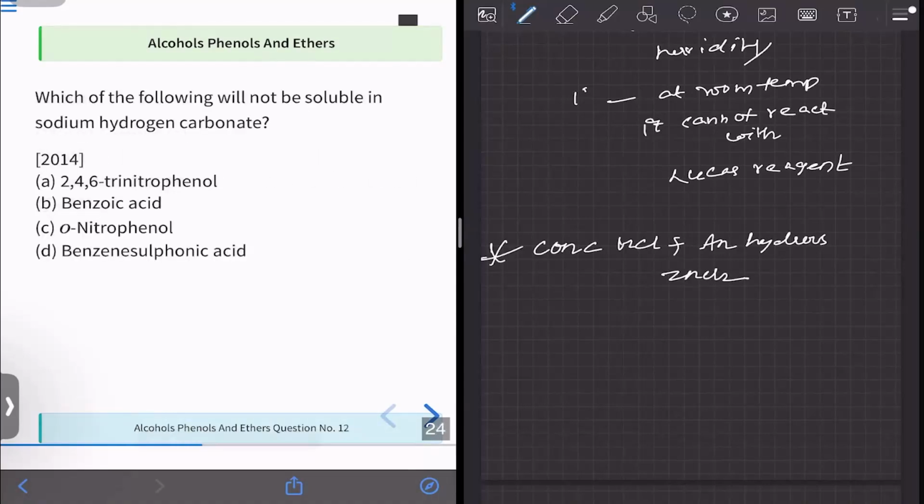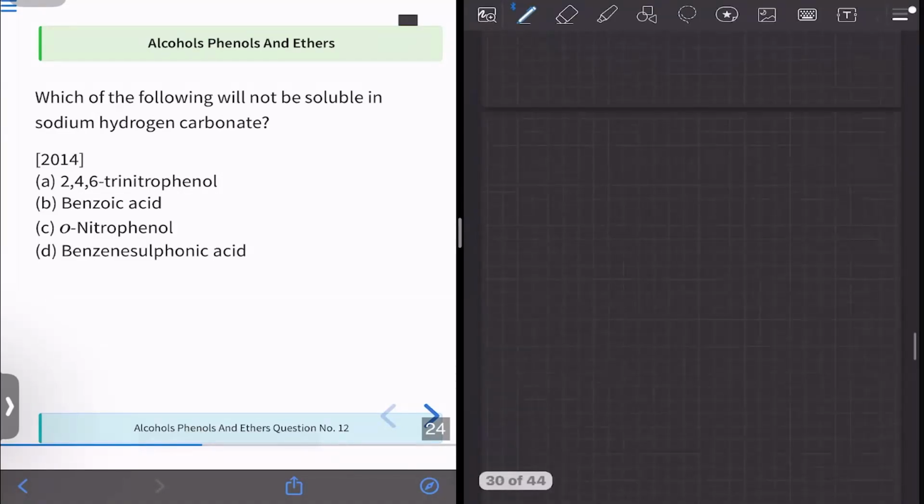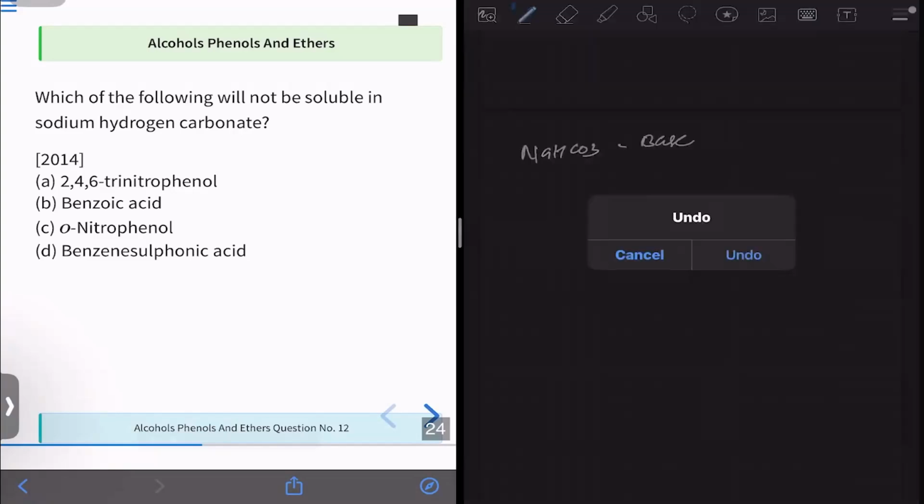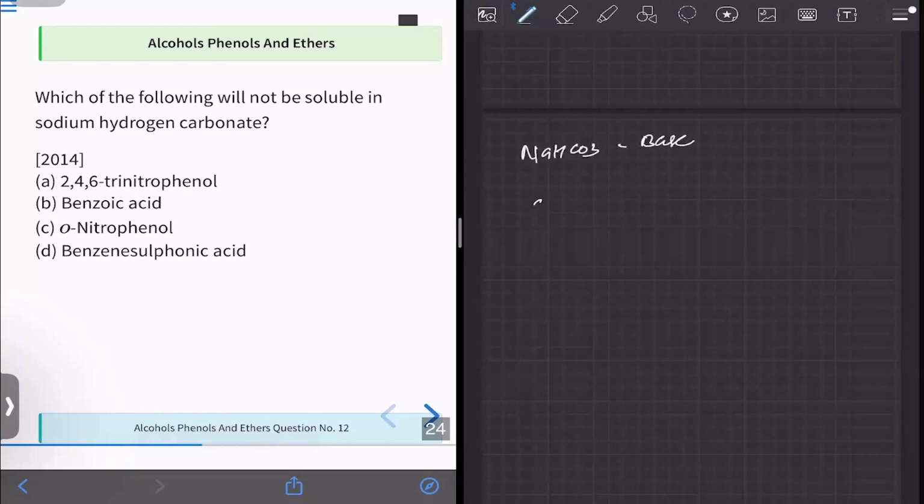Next one. Which one of the following will not be soluble in sodium hydrogen carbonate? See, what is sodium hydrogen carbonate? Sodium hydrogen carbonate is a base. Which compound will be soluble in base? It is an acid.